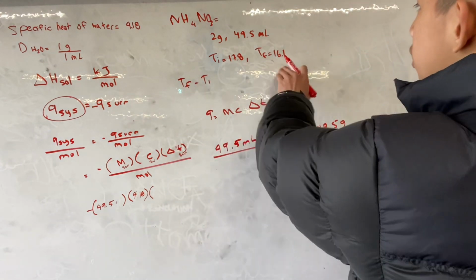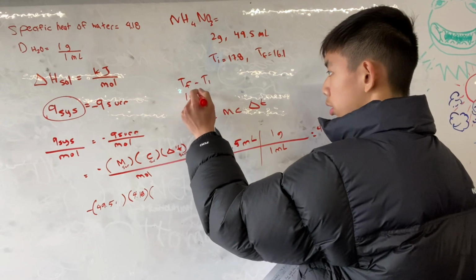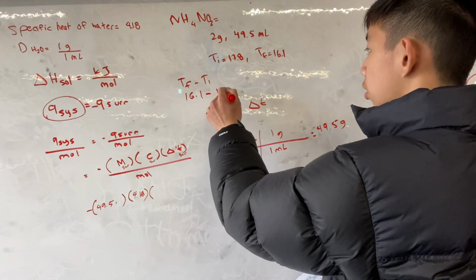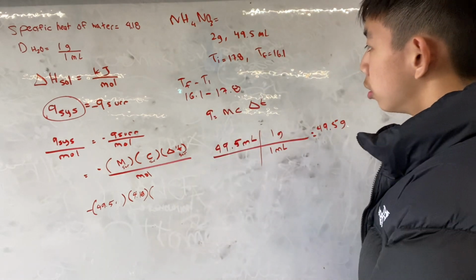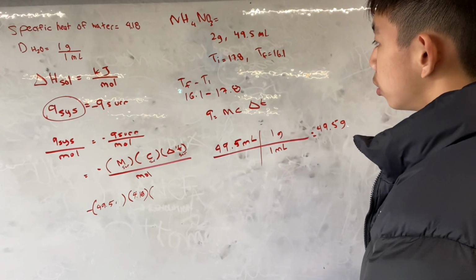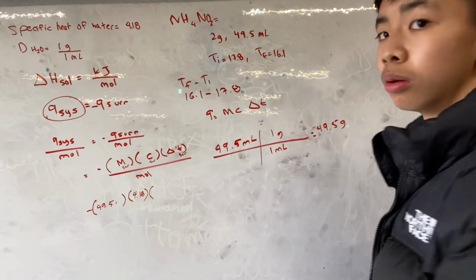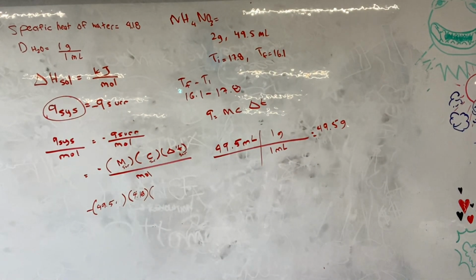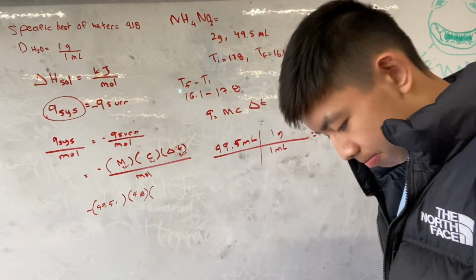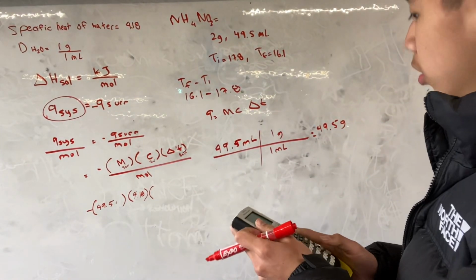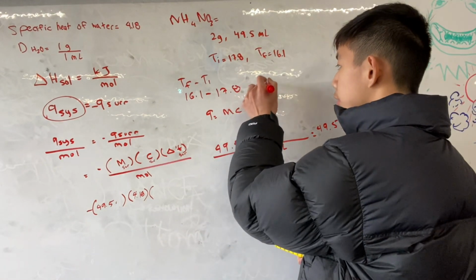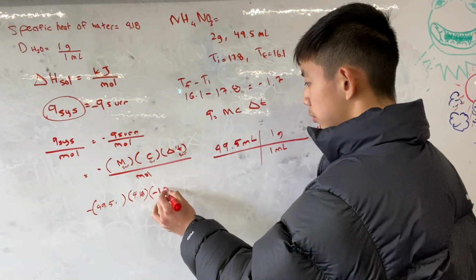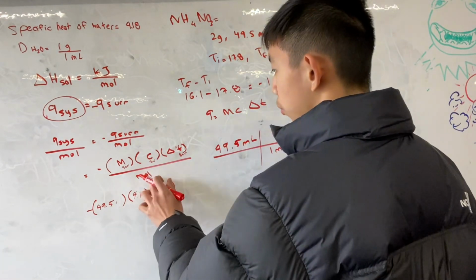In this case, the TF was 16.1 minus the initial was 17.8. This is gonna be negative 1.7. So it's gonna be my temperature change, negative 1.7, all over the moles.